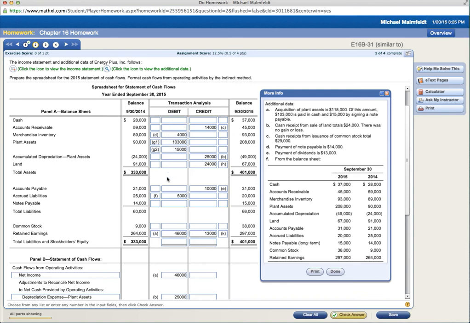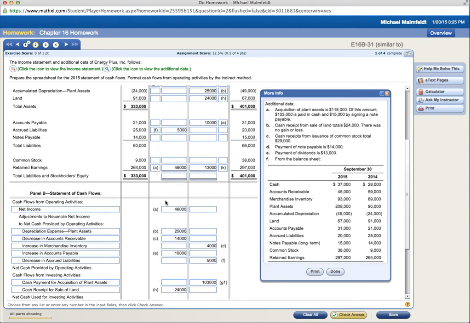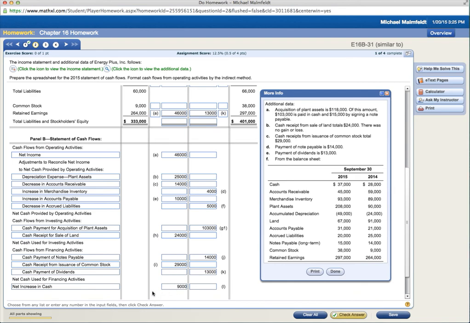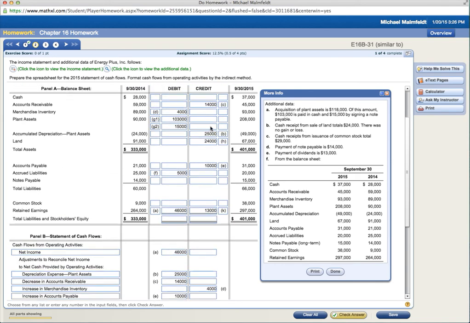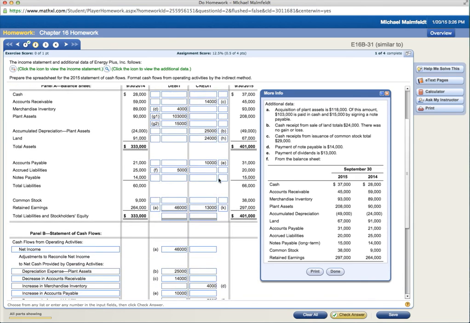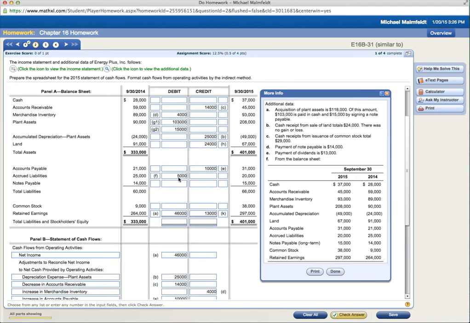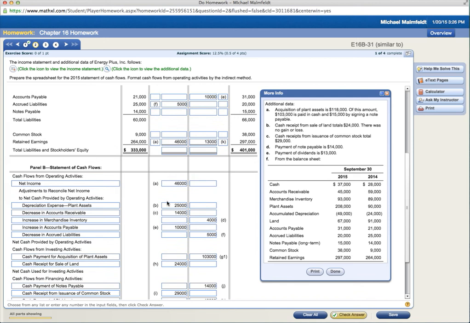Otherwise, for each one of these transactions that affected cash, there would have to be a line for each one of those. So this would be a lot longer. But what we're actually going to do here is just use the net increase or decrease in cash to show what happens in the cash account. Okay, so with that being said, that was part H that we just did.